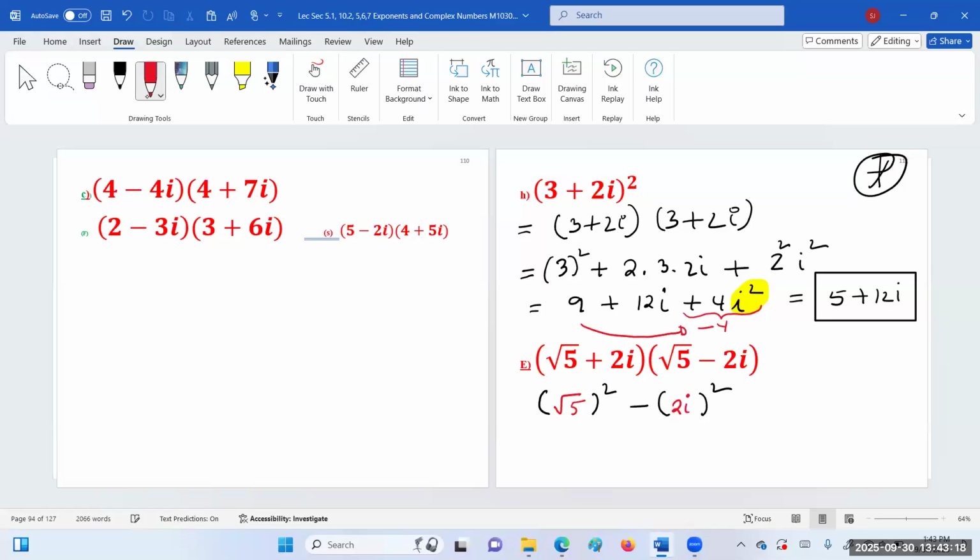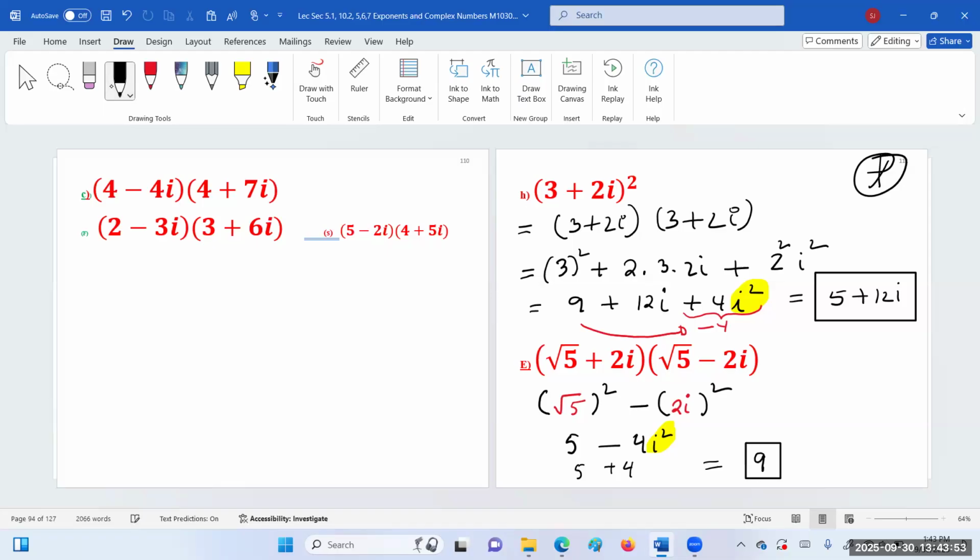Today we are doing so many 2i squared, right? So what is radical 5 squared? Only 5. And what is 2i whole thing squared? 4i squared. But then again, what is i squared? So this negative 4 will turn into positive 4. So the answer is 9.